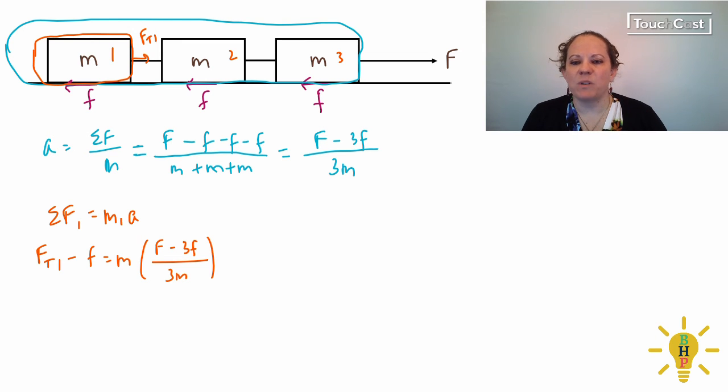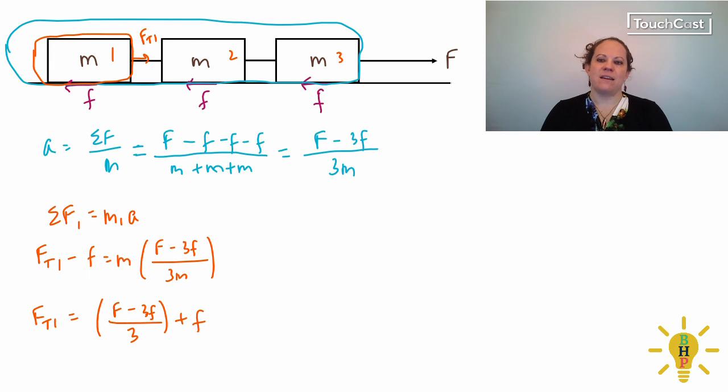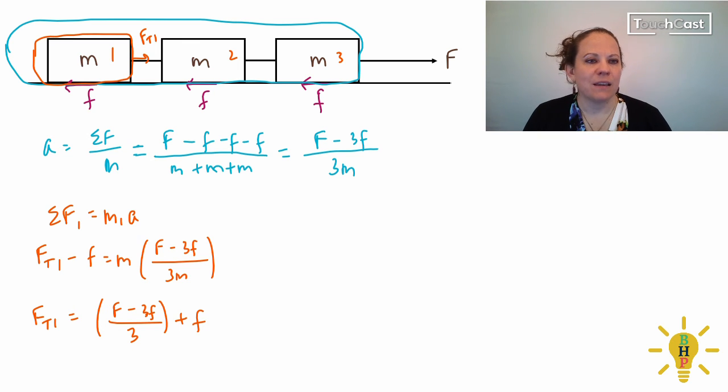And the m's will cancel. We'll add a lowercase f to both sides, and the tension for block 1 will simply be the pulling force F minus 3 times the frictional force, all divided by 3, and then add in that lowercase f for friction from the other side.